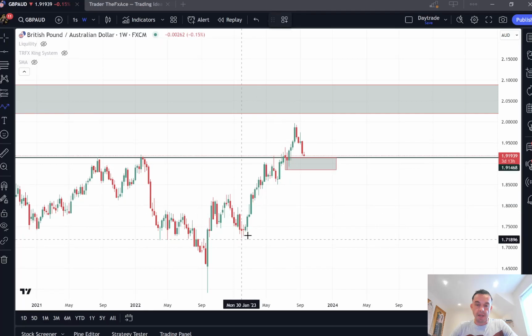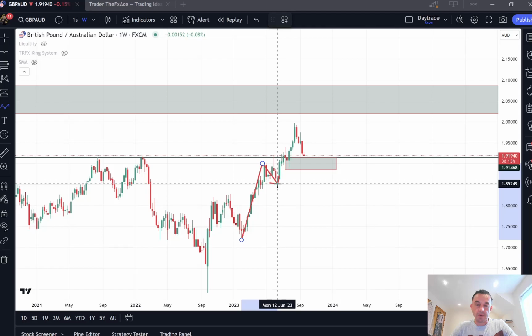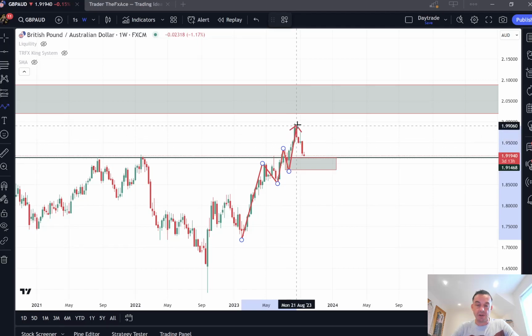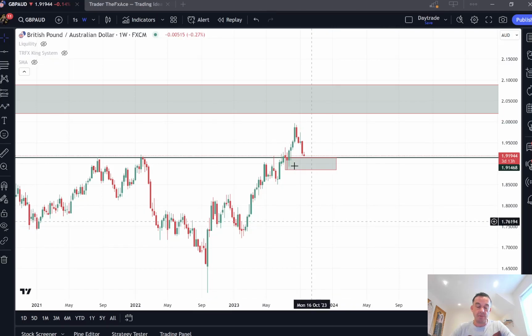We had the rally up here, swing high, and then it comes back down, creates a swing low here, and from this swing low we got this huge impulse move up, nearly hitting the 2 level. So it's highly likely we'll get a reaction at this level.